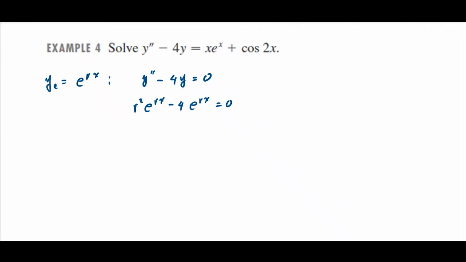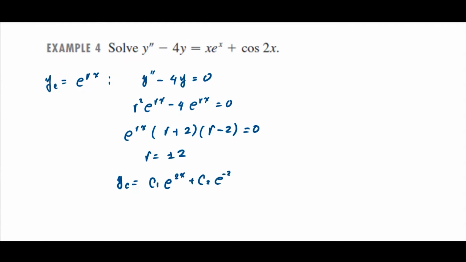So e to the rx times (r plus 2)(r minus 2) is equal to 0. So what we get here is r is equal to plus or minus 2. So our y sub c is equal to c1 e to the 2x plus c2 e to the negative 2x, a combination of the two. So we got that much.